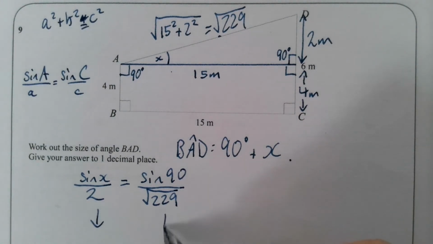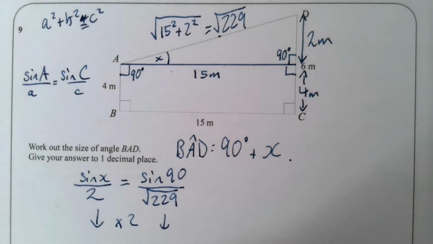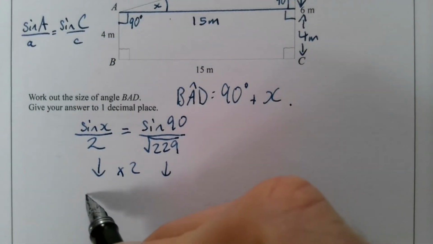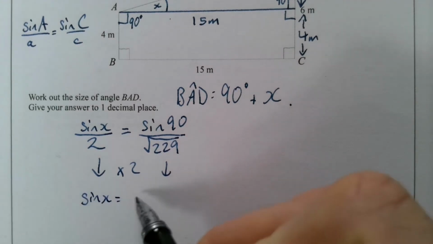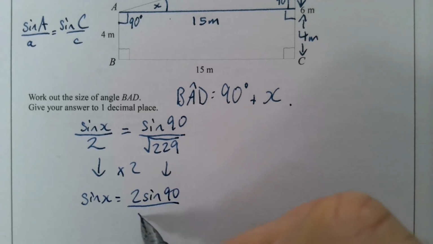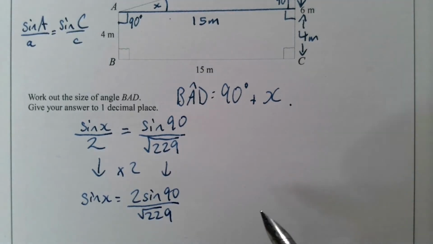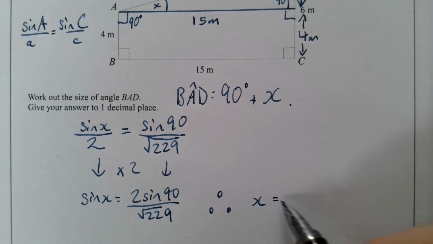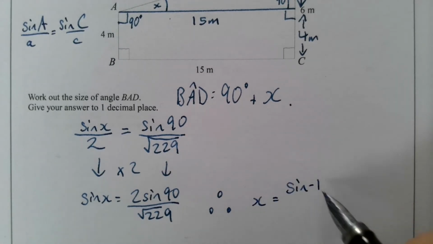Now I multiply both sides by 2, and that's going to give me sine x equals 2 sin 90 over root 229. Now if I just want x on its own, I can use those three dots there to mean therefore. I'm going to sort of divide by sine, which in the calculator is sin minus 1.